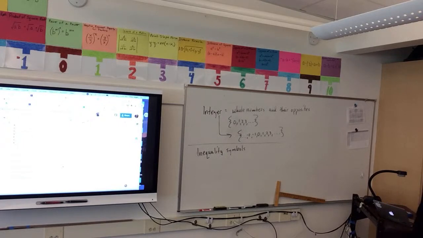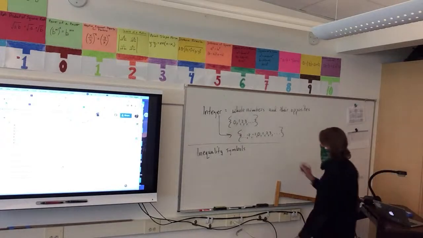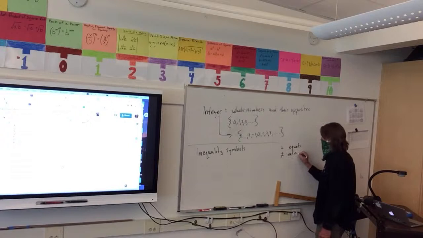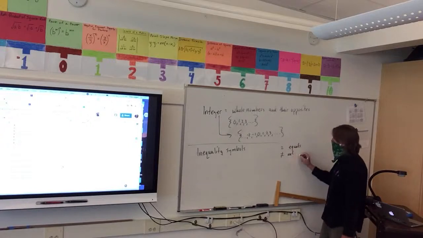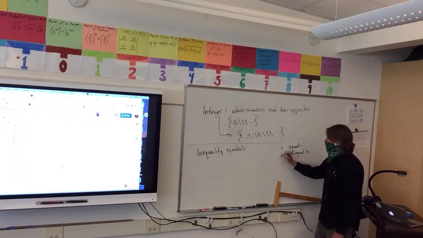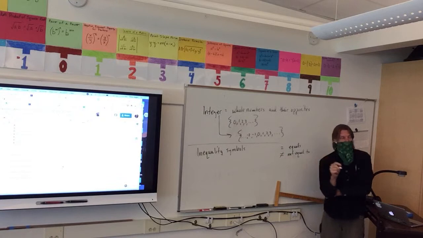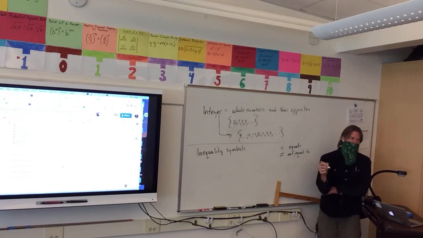Is the inequality the one with this and then the line through it? Well, this is equals. This is not equal to. So that is not equal to, but that's not an inequality per se.